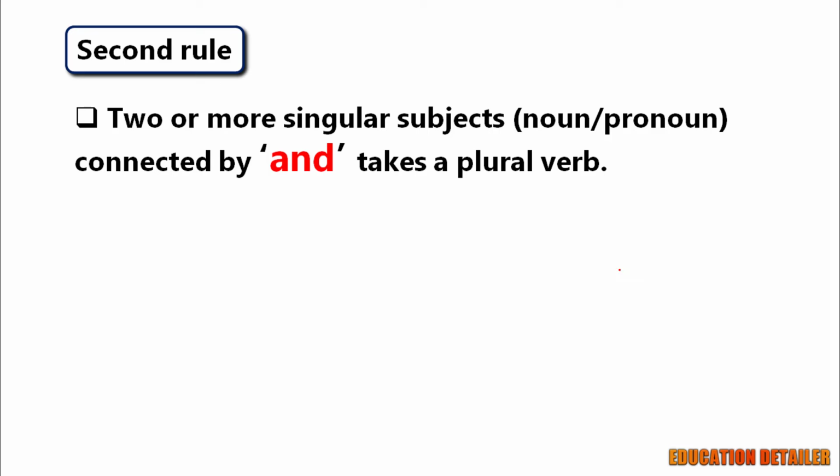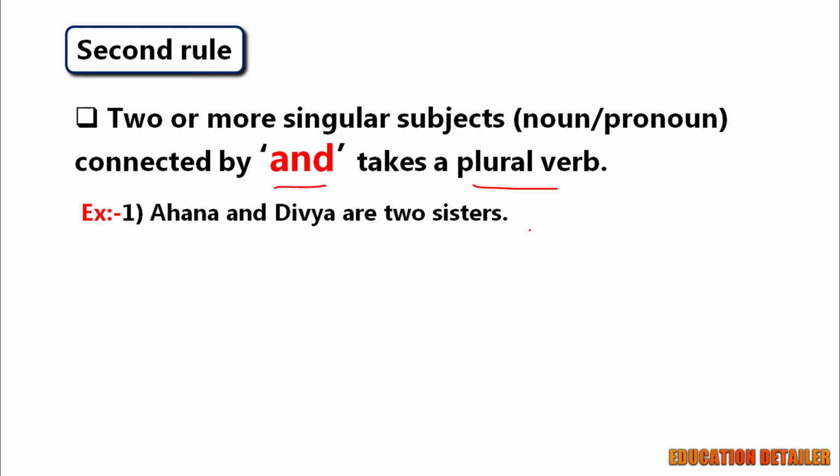Second rule. Two or more singular subjects connected by and use a plural verb. Ahana and Divya are two sisters. Two nouns connected by and we use the plural verb are.